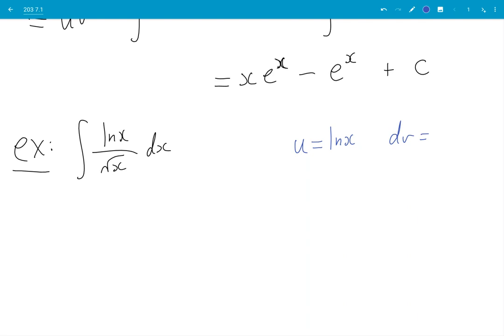So what is left over? 1 over root x dx. Okay, so du/dx is equal to 1 over x. So du is equal to dx over x.